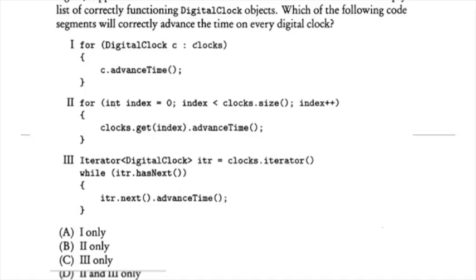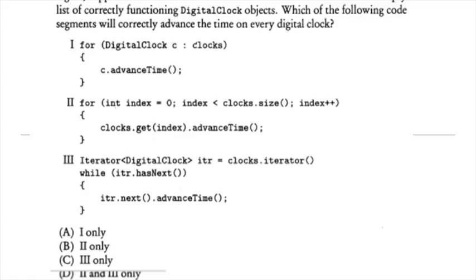We want to correctly advance time on every digital clock, which means that whether we use a for loop, a while loop, or iterators, we have to make sure every object inside of this array list will be scanned.